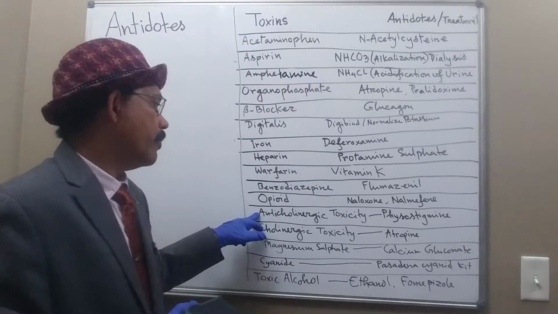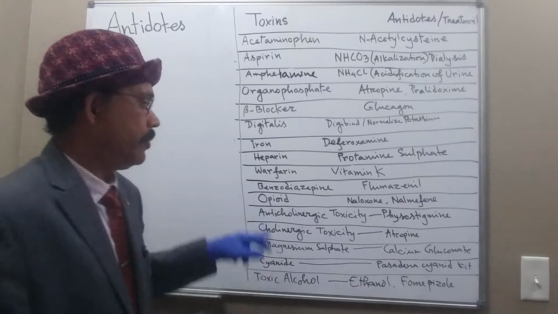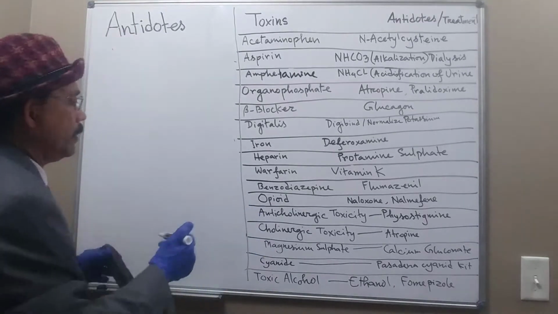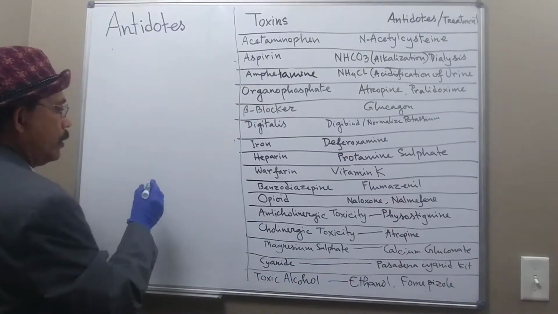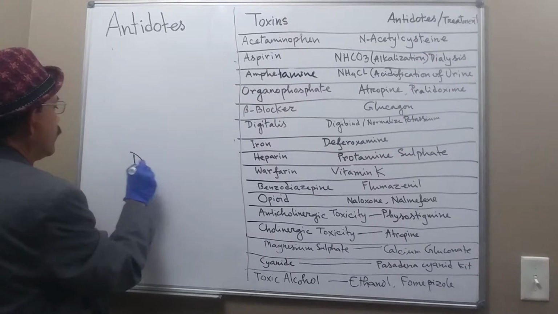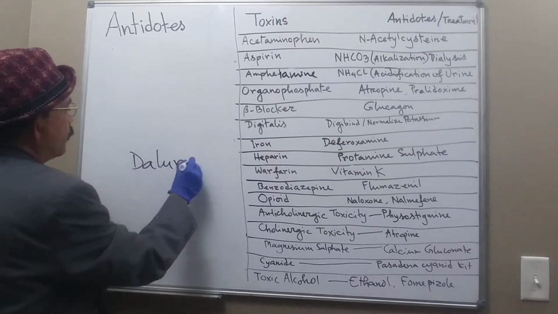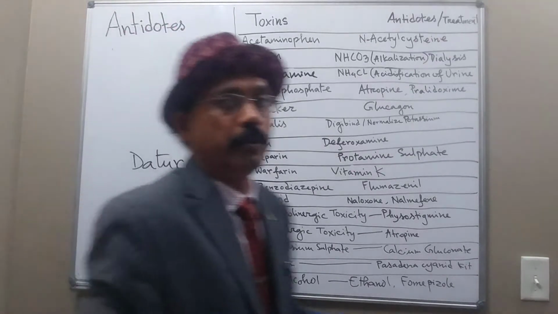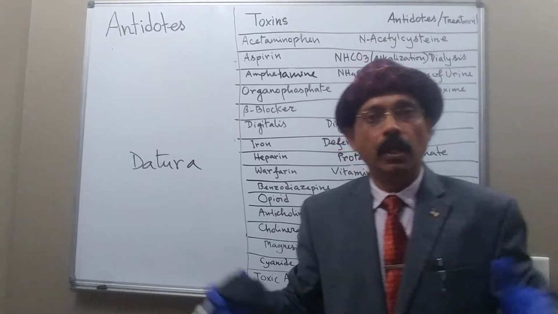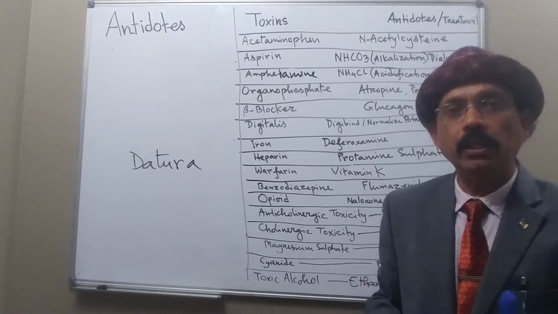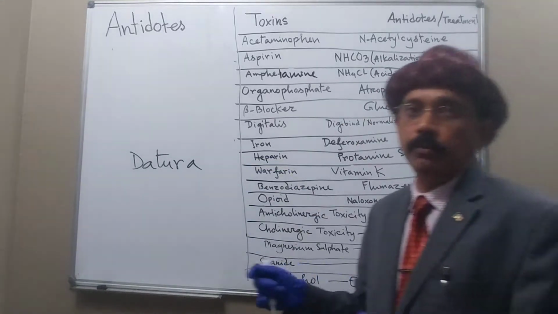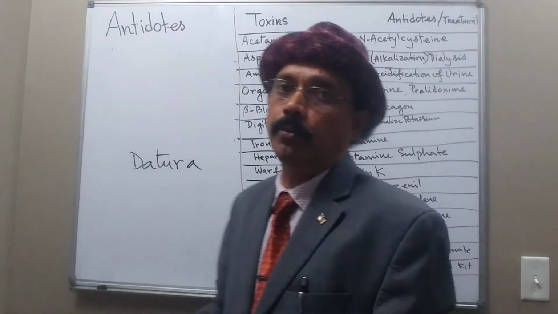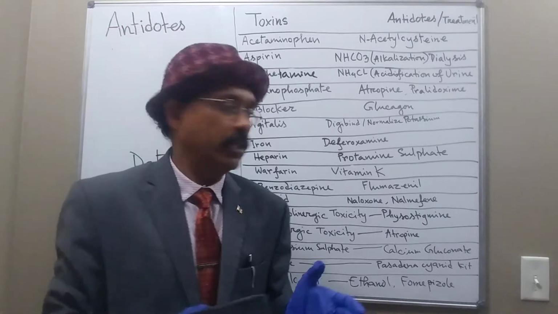Okay, anticholinergic toxicity. One example is datura poisoning. Datura poisoning is very common in India, especially at public gatherings, where some miscreants may mix datura with the food, entertain other people and rob away everything.